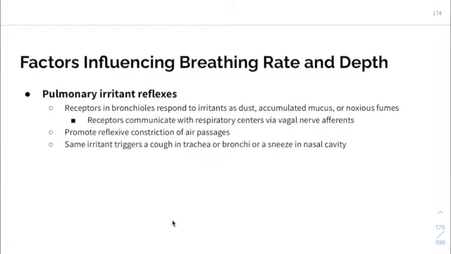Pulmonary irritants. If you're in a place of high dust, like living in the desert, there's going to be a lot more dust around. There's a lot of places on the other side of the world that just have a lot more dust and things in the air. That's going to influence breathing.